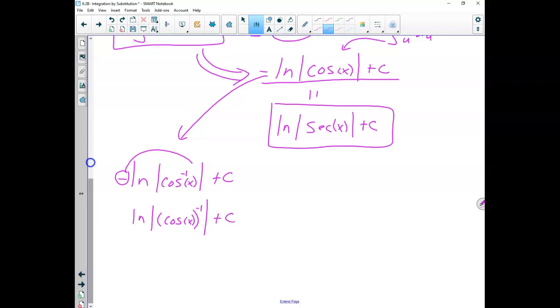It's not the inverse in this case, because that's a negative exponent that's coming up, which means a 1. This is an ln absolute value 1 over cosine x, which 1 over cosine x is a secant x, okay? Bottom line, there you go.